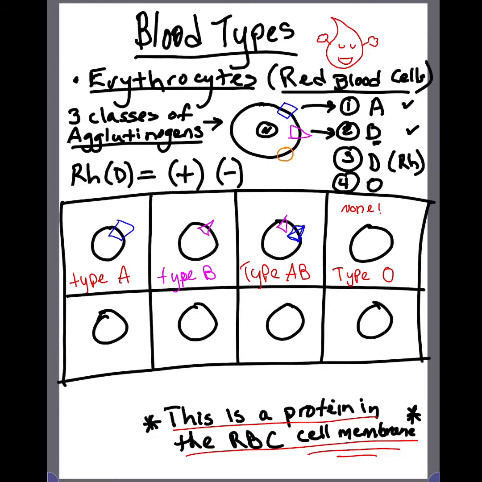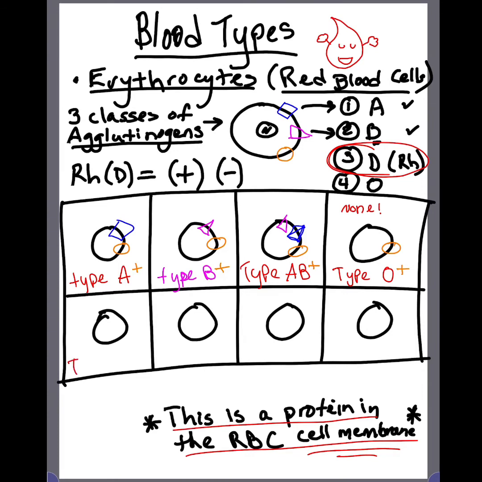Like I said before, this is given by this agglutinogen D or RH factor. So saying that this person has the agglutinogen D as well in the cell membrane, I'm going to do it in all of these cells at the top, it means that they are positive, right? So now you're going to have a type A positive patient, type B positive patient, type AB positive, and type O positive, right? Now there's also the type negative, right?